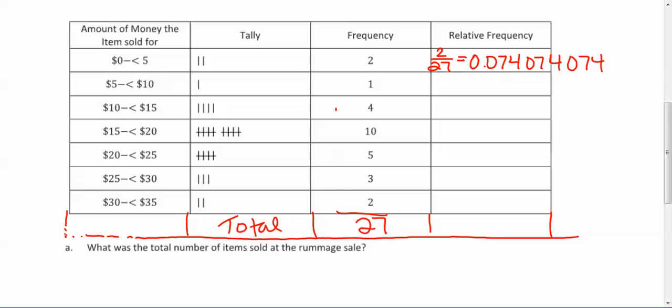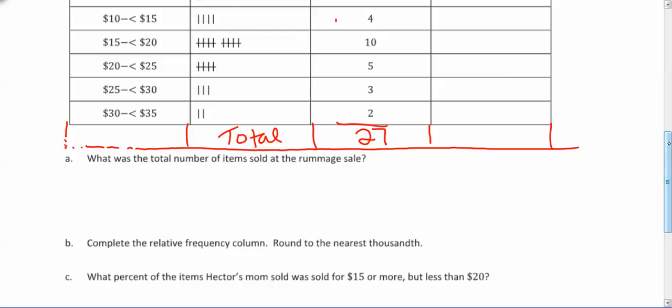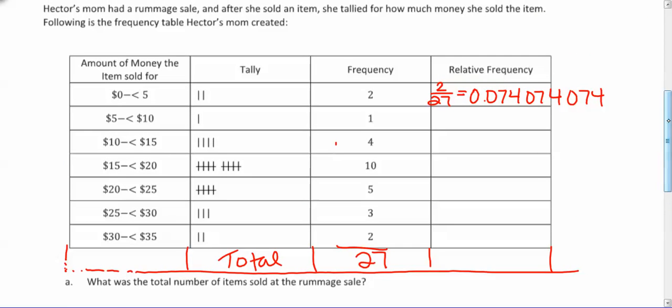All right, so what we want to do is round to the nearest thousandths, because when you look down here, it says complete the relative frequency column, round to the nearest thousandth. So I'm going to underline the thousandth spot in blue, so that's the third decimal place over. Right here, that's a 4. So we're going to look next door to it, and that's a 0.